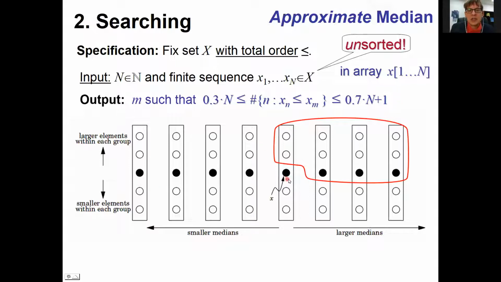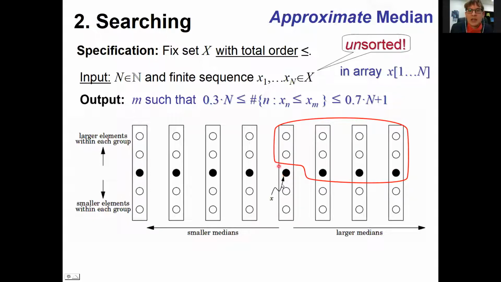Let us suppose that these black dots, the medians of these 5 medians, are sorted in non-decreasing order, meaning that all these medians are less or equal to the median of 5 medians, and these are greater or equal to the median of 5 medians.